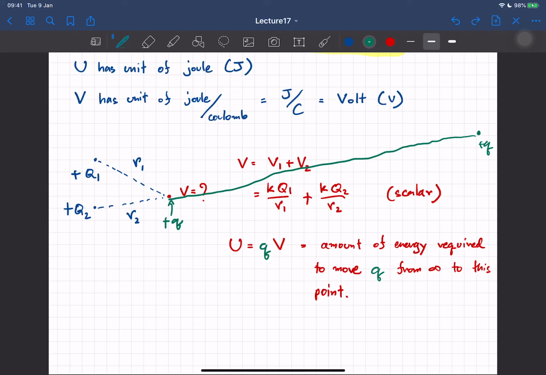So the potential energy is positive. Because if you let go of your hand here, then this charge will just fly out to infinity, which has zero potential energy. So that's what it means here. But instead of calculating the potential energy the way we did, you can calculate the potential first, and then calculate the energy by multiplying q by the potential like this.